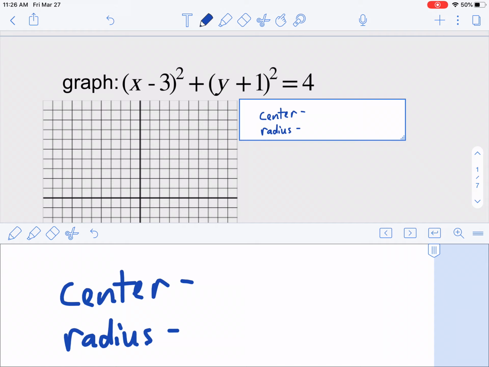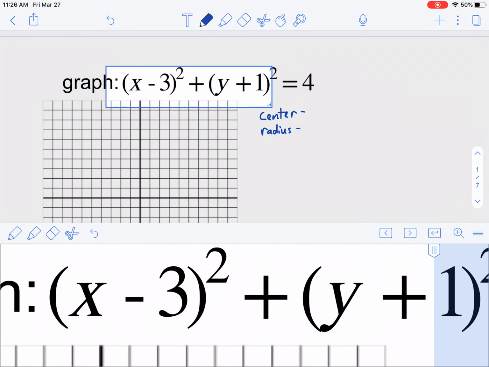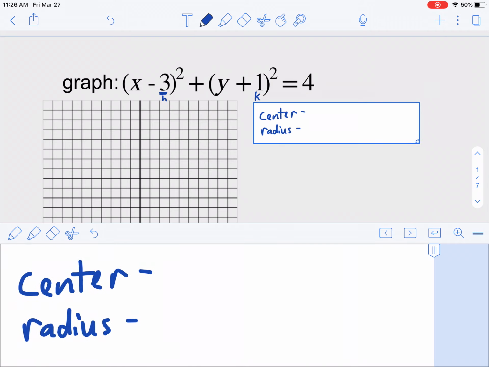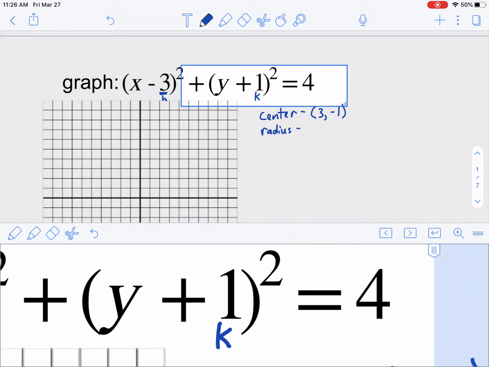So the center, again, is a coordinate (h, k). Well, here's h, and here's k. And so the center is going to be the coordinate (3, negative 1), because remember, I told you it's the opposite sign of what we thought it would be. It's y plus 1, so that's y minus a negative 1, right?